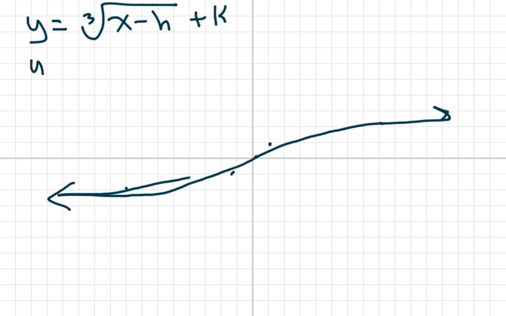So what I want to do first is shift this to the right by 2. And all I'm going to do is take these key points, move my origin by 2, move this by 2, and move this over by 2.